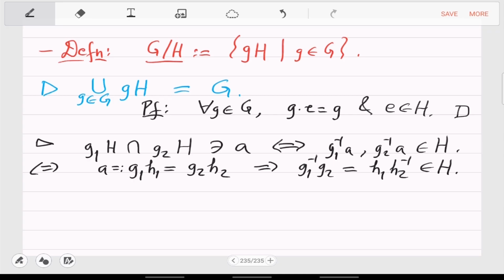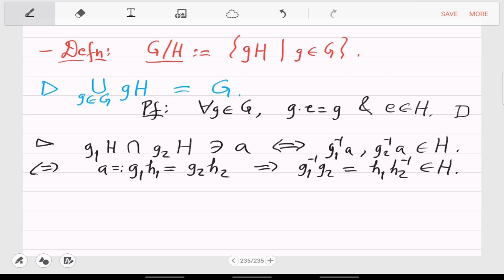Sorry? They can be individually what? Right, yeah. So we are not saying anything about G1, G2 individually. But when you look at the ratio, it is in the subgroup. Okay?